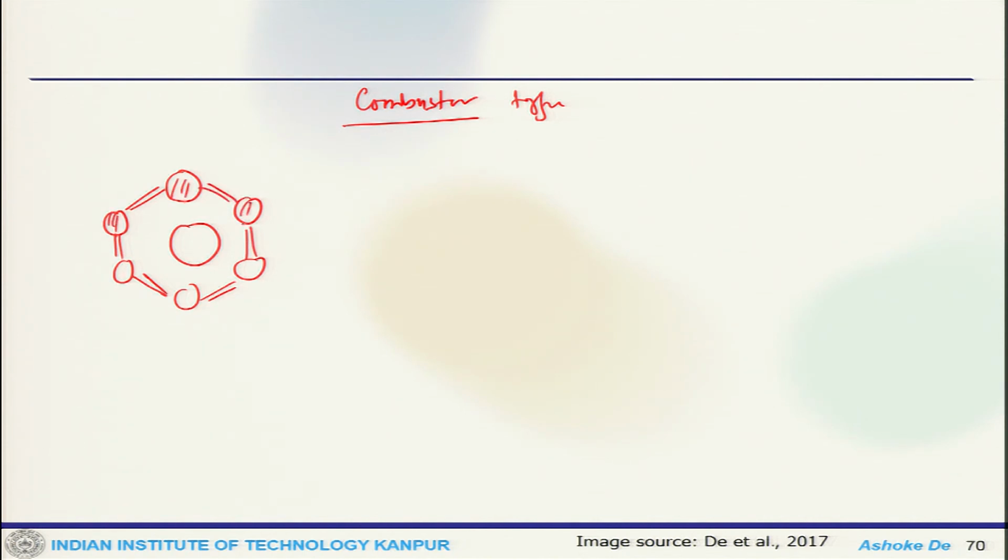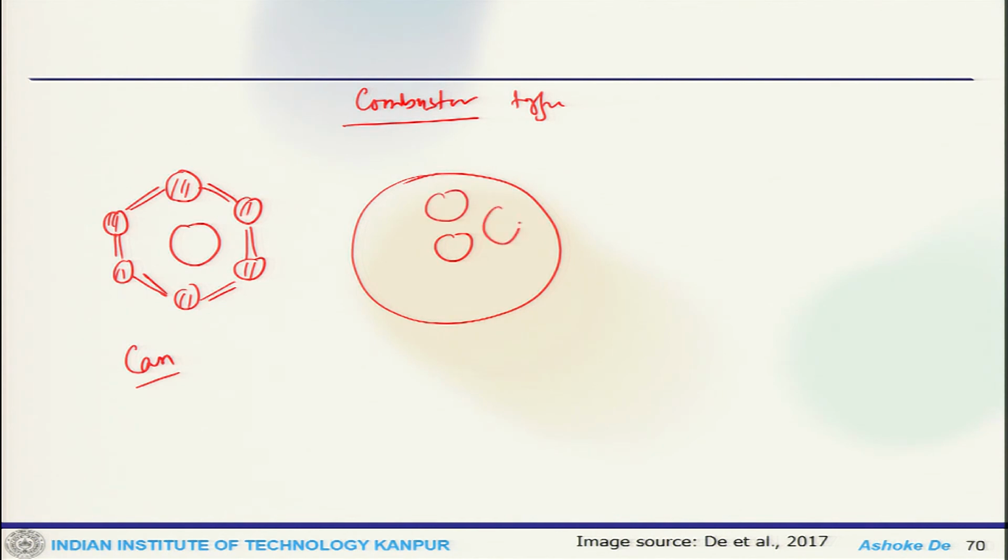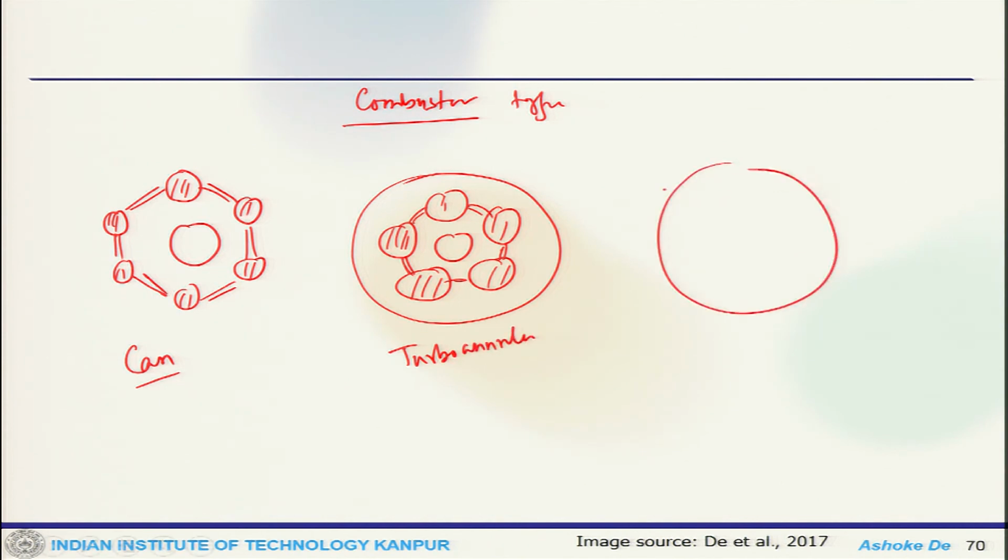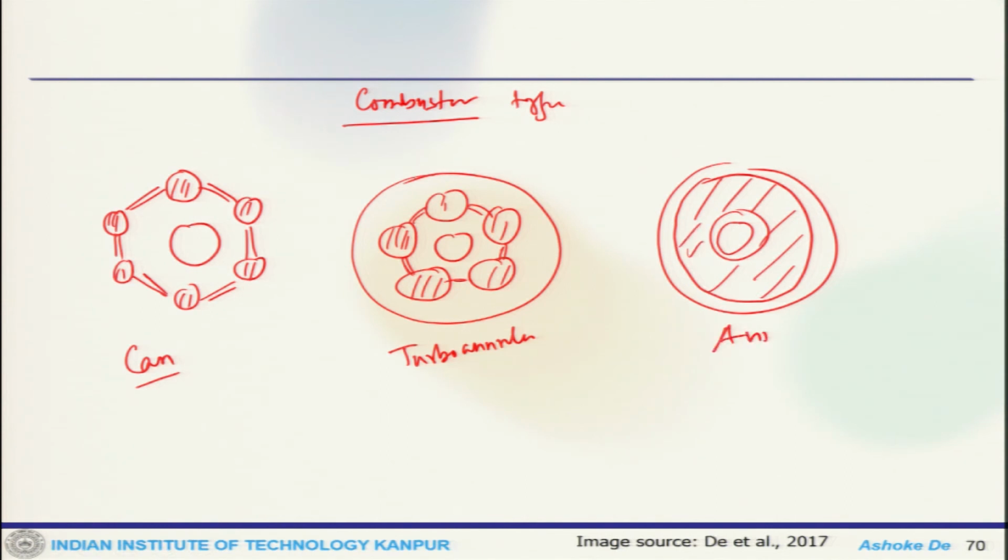So, this is called, or some schematic of a can combustor, or you can have something like what is called turbo annular, or one can have some simple, this is an annular combustor.